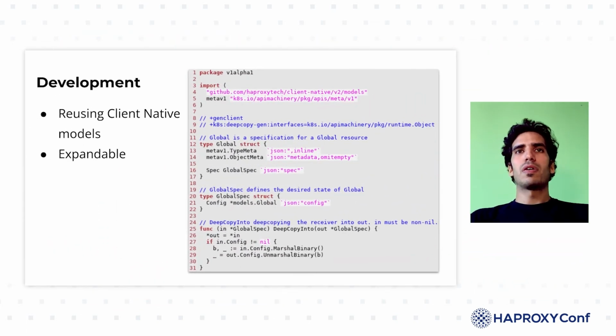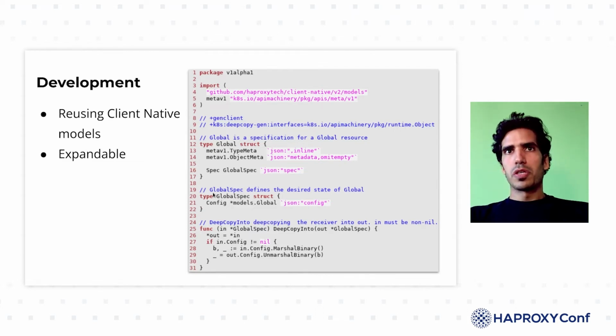Now, in this slide, we can see how we introduced custom resources in the Ingress controller. Here we are introducing the new Golang global type. And you can see in the spec, we are using models from client native.